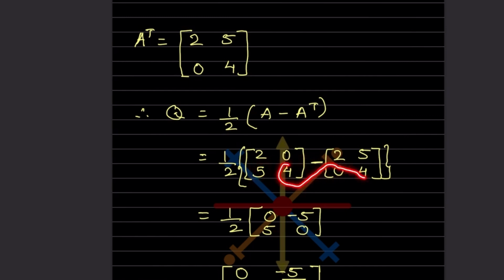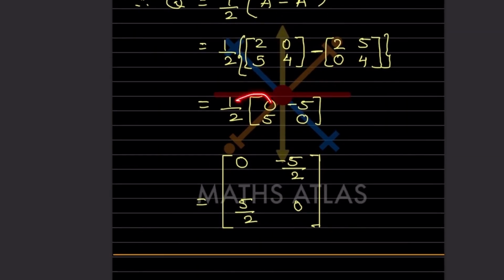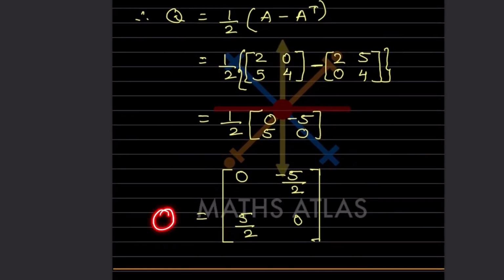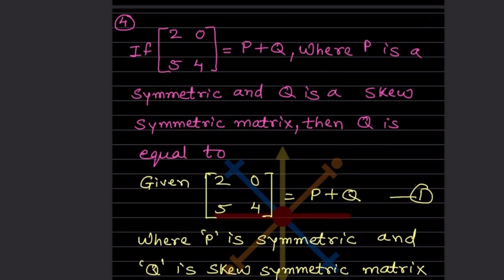And 4 minus 4 is going to be 0. So now we are going to multiply this into this will be 0. This into this is going to be 5 by 2. This into this is going to be minus 5 by 2. And this is going to be 0. So we got the value of Q. So whatever we got, this is the value of Q. That is what they ask. Q is equal to.